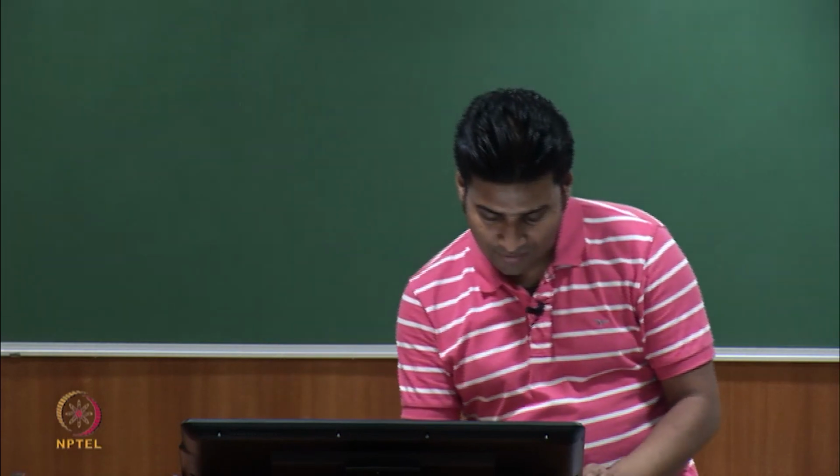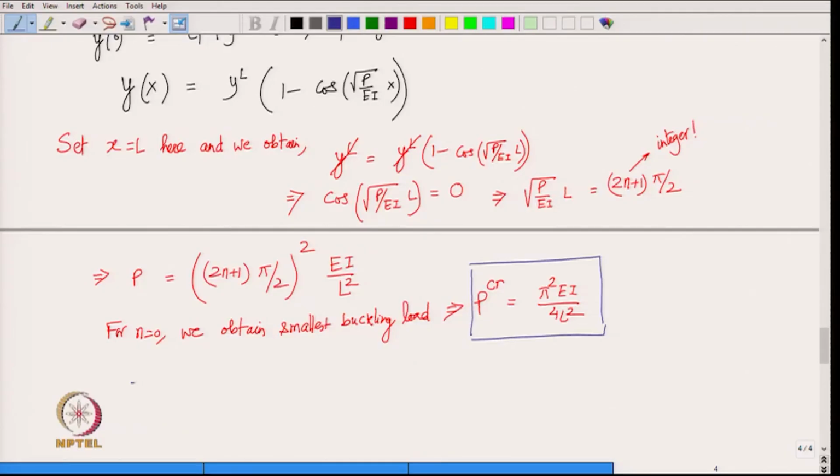If you apply a different kind of boundary condition, for example, when you have a beam which is clamped at both the ends, okay, and then you compress it, you are not letting the beam rotate.